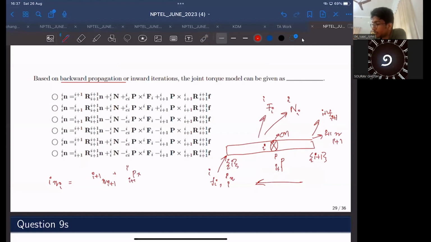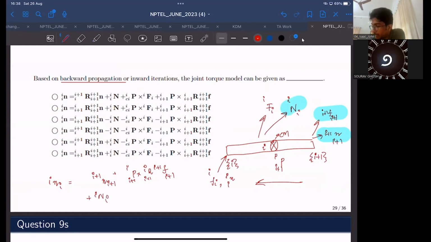And since this force is with respect to the I plus 1 frame, we have to bring it back to the ith frame because everything is written in terms of the ith frame. So we have I R I plus 1, I plus 1 F, I plus 1, right? So we have taken this term into consideration. Then we have these two terms, I and I, that are already expressed with respect to the ith frame.